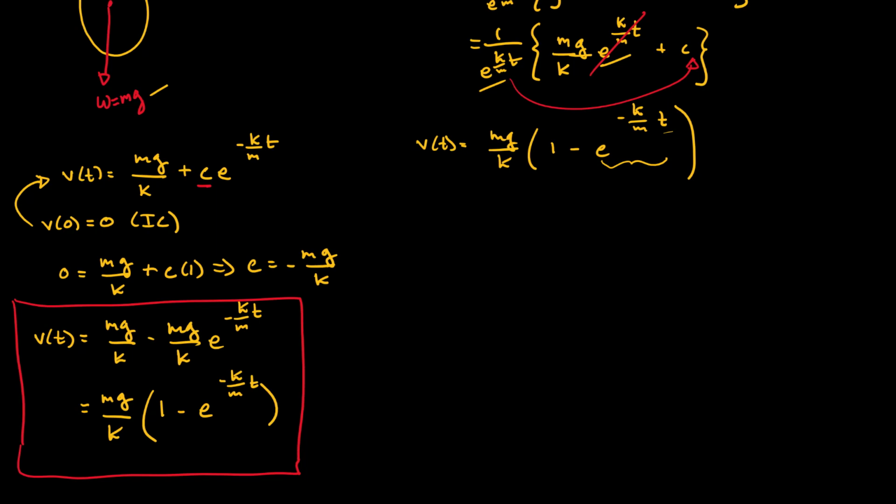As we can see, with increasing time, this exponential term will become smaller and smaller, right? Because this is essentially 1 over e to the power of k over m multiplied by t. So as t gets larger, the denominator gets larger, and therefore the fraction becomes smaller and smaller, and less important.